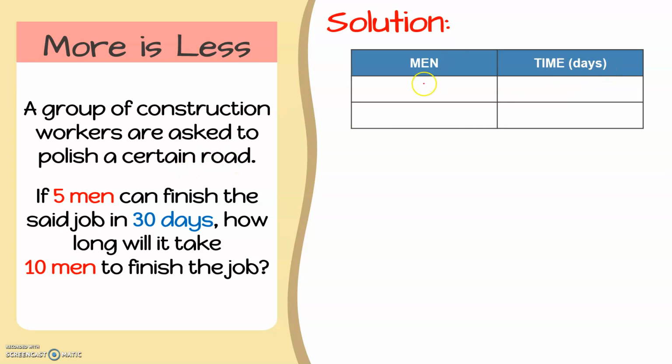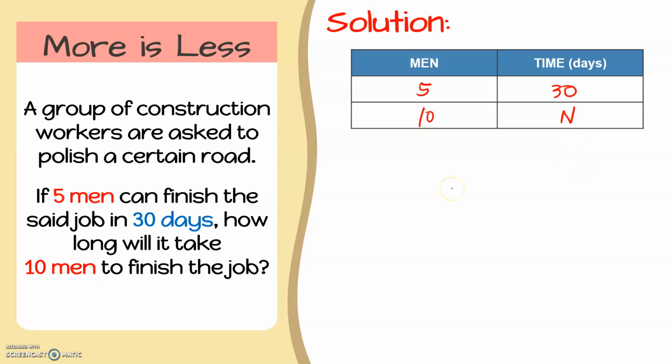It is given that if there are only 5 men, they will finish the job in 30 days. Now we are asked to find the number of days it will take 10 men to finish the same job. Again, just like what I mentioned earlier, if you increase the number of workers, we expect that it will take them shorter period of time to finish the job.